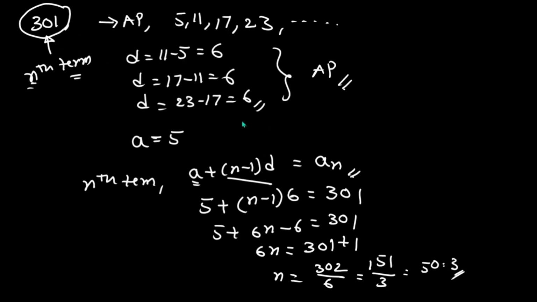If it were in the series, n should be a positive integer, like 1 for the first term, 2 for the second term, 3 for the third, 4 for the fourth. Like that we define this series. How can it be the 50.3rd number? There is no meaning in that, right? That's why the number 301 will not come in the series.